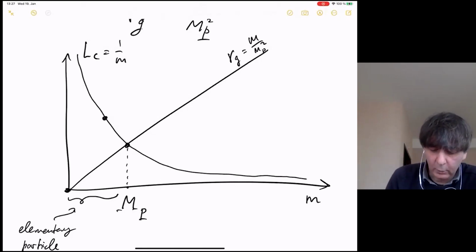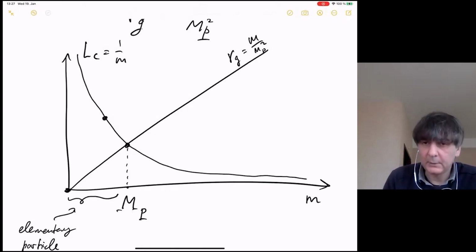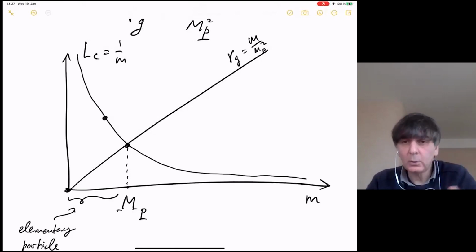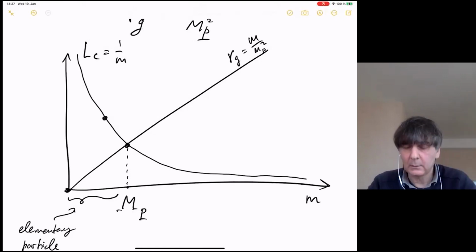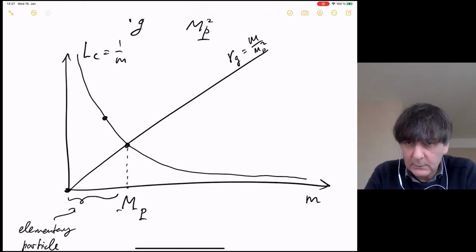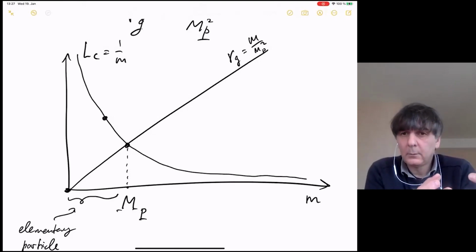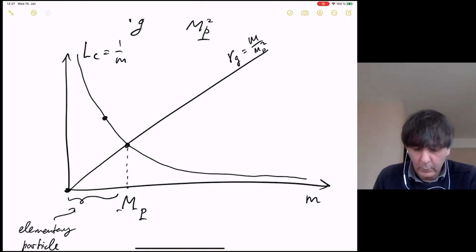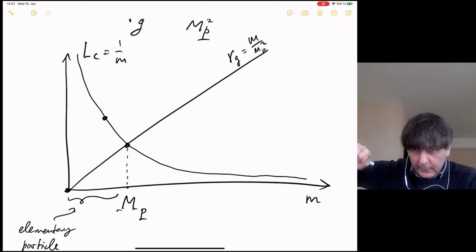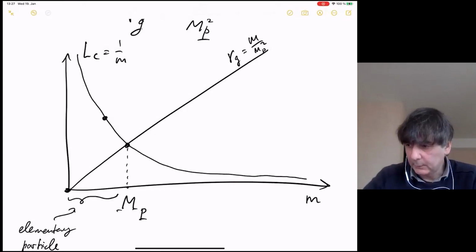So here, therefore, we can talk about elementary particles. In the domain where particles are much lighter than the Planck mass, most objects are elementary particles.